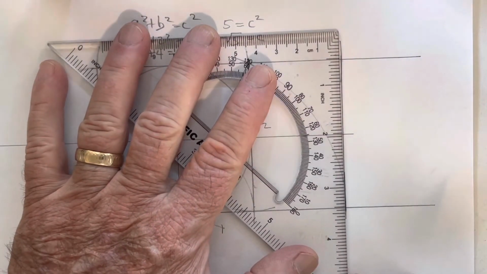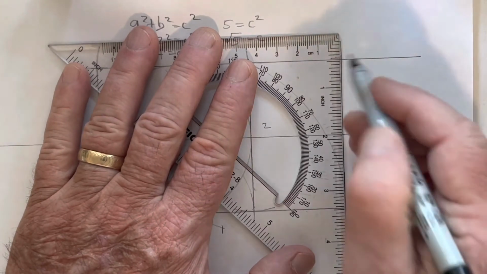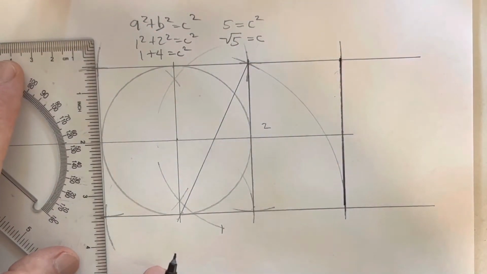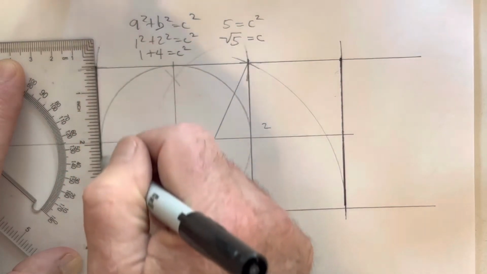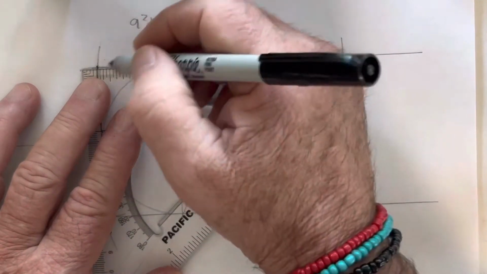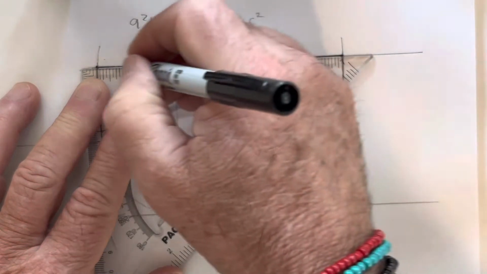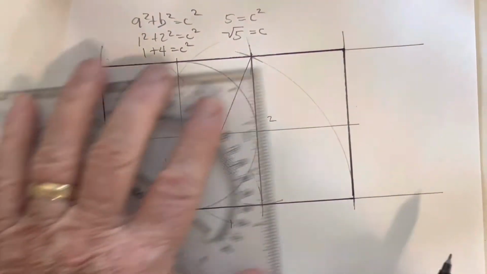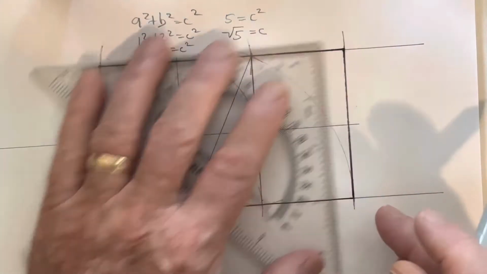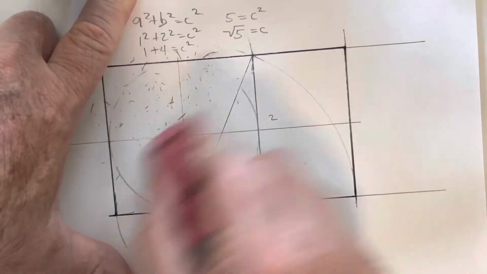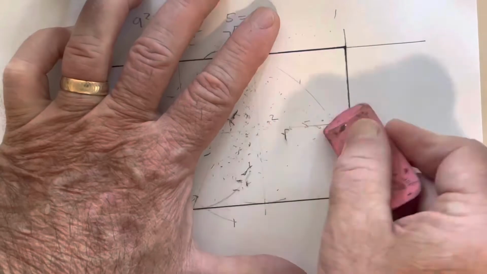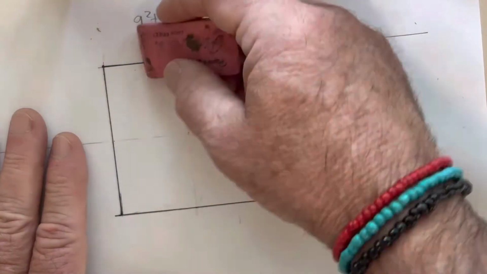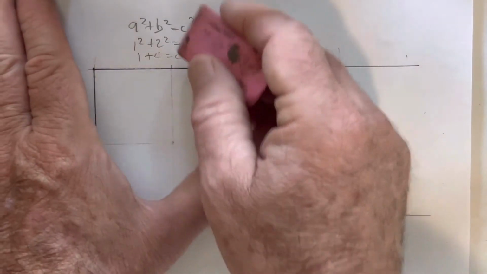Now I'm going to darken this. And there we have it, the golden rectangle. I'll go ahead and erase the formula up here.